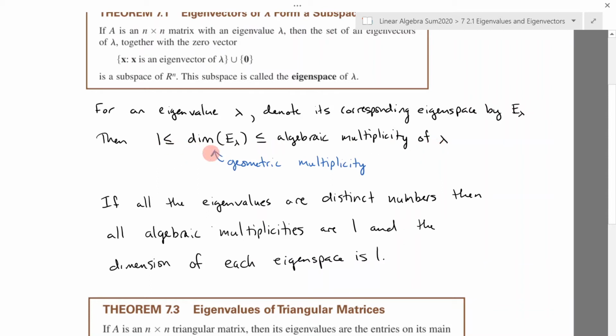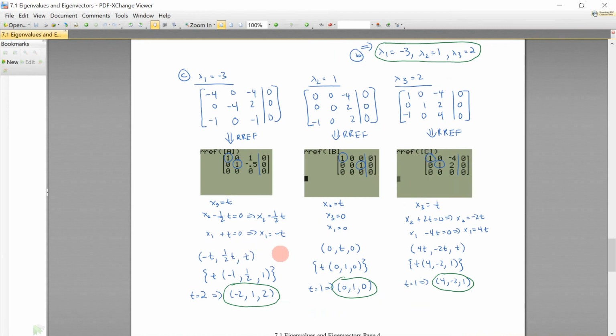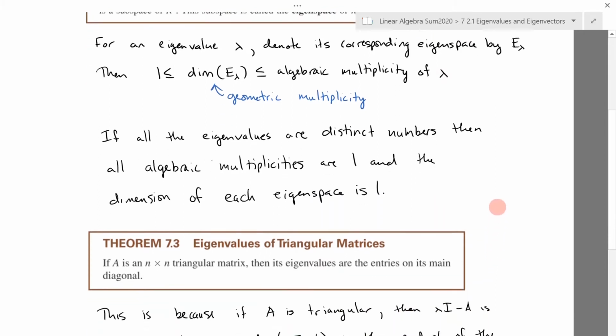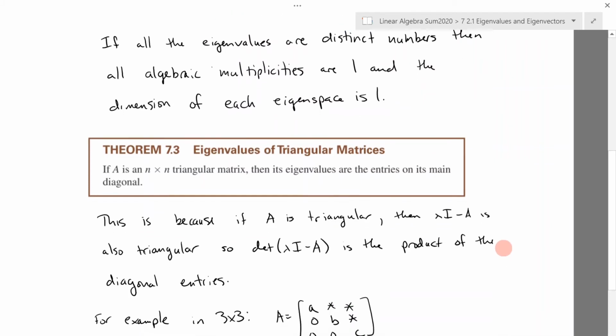So the dimension of each eigenspace also has to be 1, which is what we saw in this example here. Those are the eigenspaces.